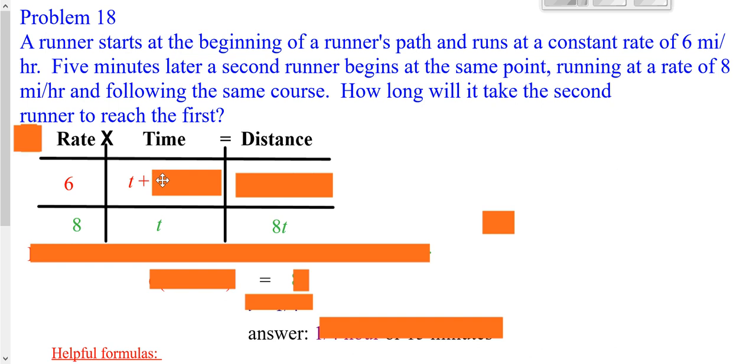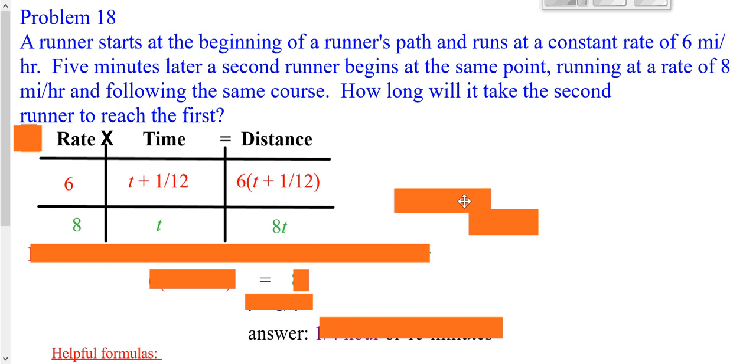So we need to make sure we're using hours here. So you've got to think, okay, 5 minutes is how much of an hour? Well, it's 5 out of 60. If you simplify 5 out of 60 down, you get 1 out of 12. So you have 2 of the 3 boxes filled out, so you can multiply across to get the distance of the first runner.